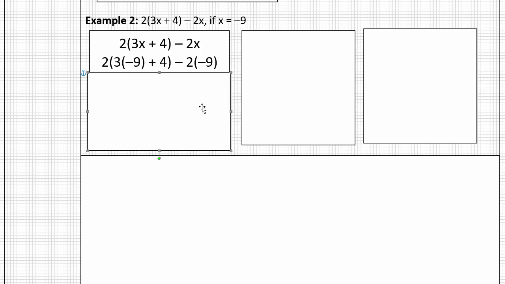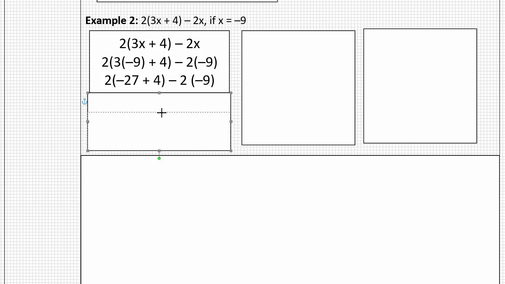And now it becomes an order of operations problem. So there aren't any exponents, but there are some parentheses with values that can now be simplified down to one value, right? 3 times negative 9 is going to give us a negative 27. And we keep the add 4, keeping everything else as it was, just bringing it down, following order of operations.